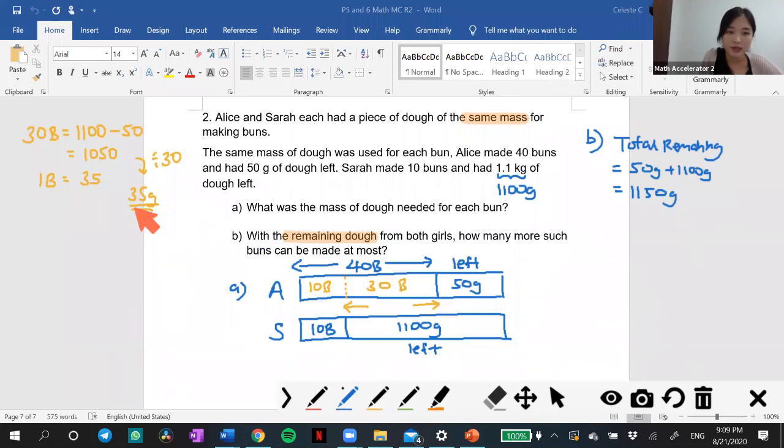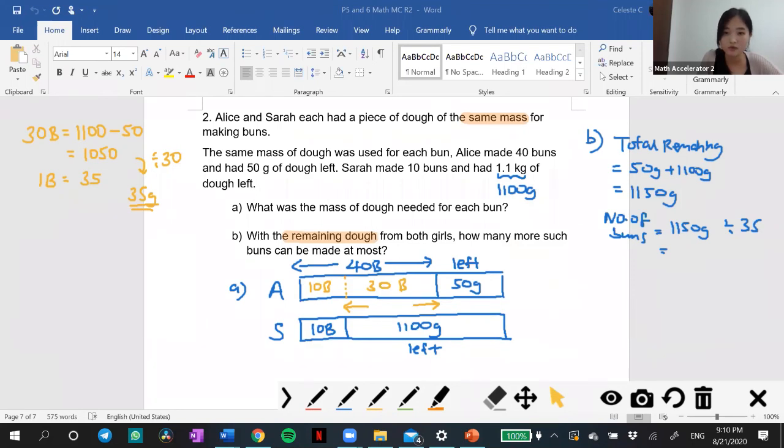And then each bun, you found in part A, is 35 grams. So to find the number of buns you can make using this remaining 1150, you have to divide. Once you divide it, you will realize that it is not a whole number.